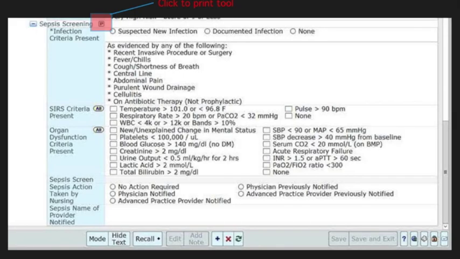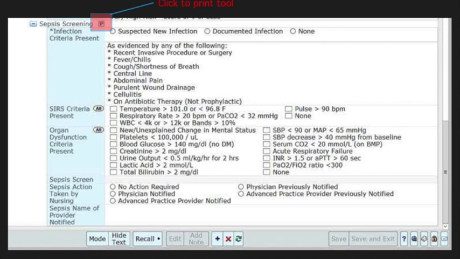Okay, so this is currently what you are doing as far as sepsis screening and documentation. So what's going to be added is, if you go through this sepsis screening and you make it to the bottom where you're having to notify the physician because the patient has screened positive for sepsis, the next thing you're going to do is you'll notice that there will be this little P at the top of the screen that I have highlighted in red.